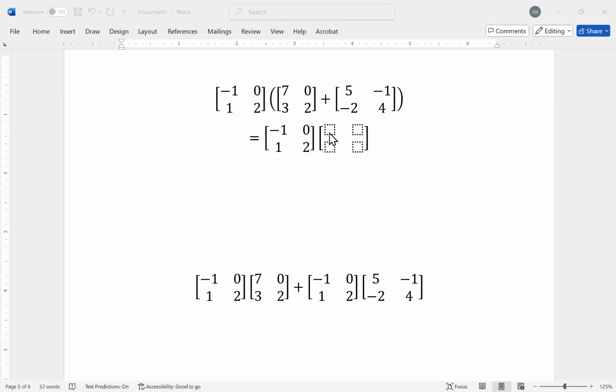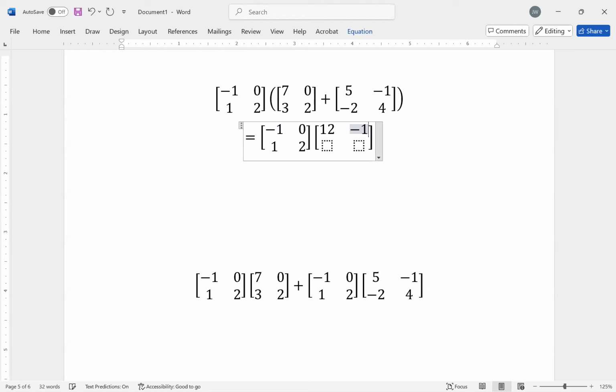All right, so let's go ahead and do this. This first matrix, the one that's acting sort of as our coefficient matrix, is going to stay outside, and I'm going to add these 2 matrices inside. 7 plus 5 gives me a 12. 0 plus -1 gives me a -1. 3 plus -2 gives me a 1. 2 plus 4 gives me a 6.